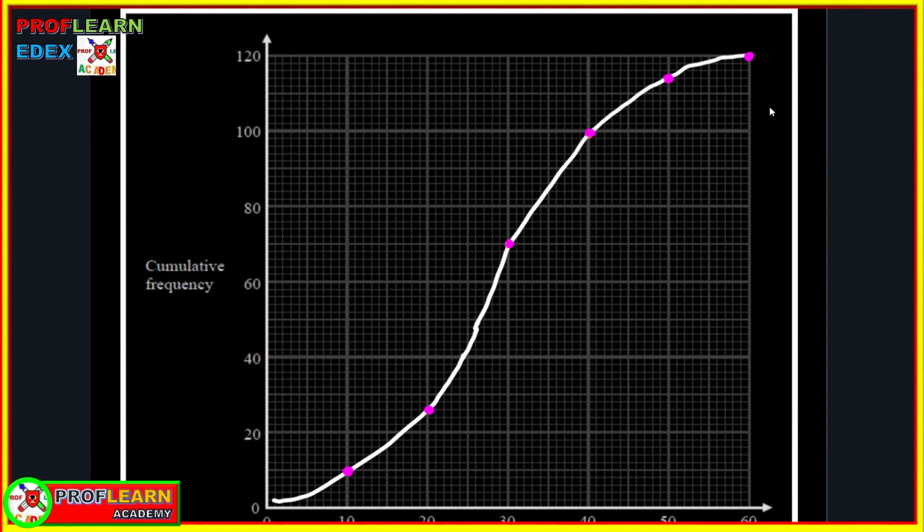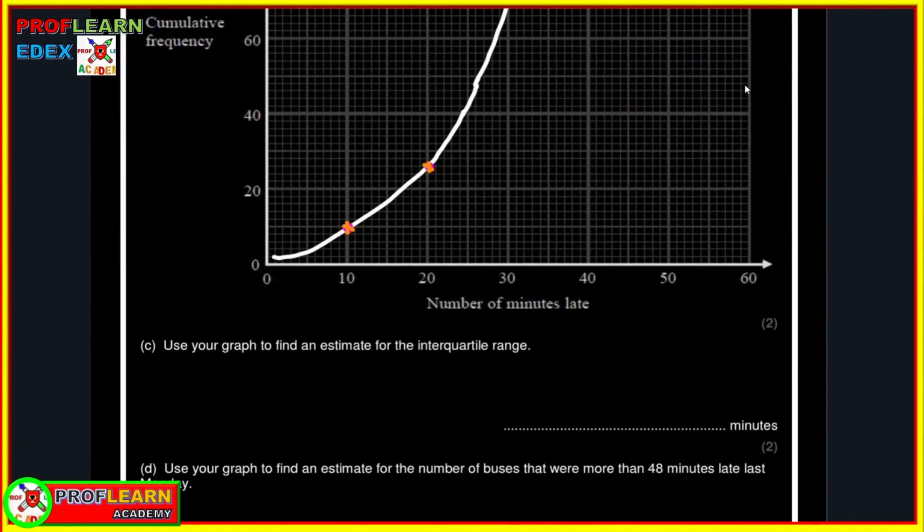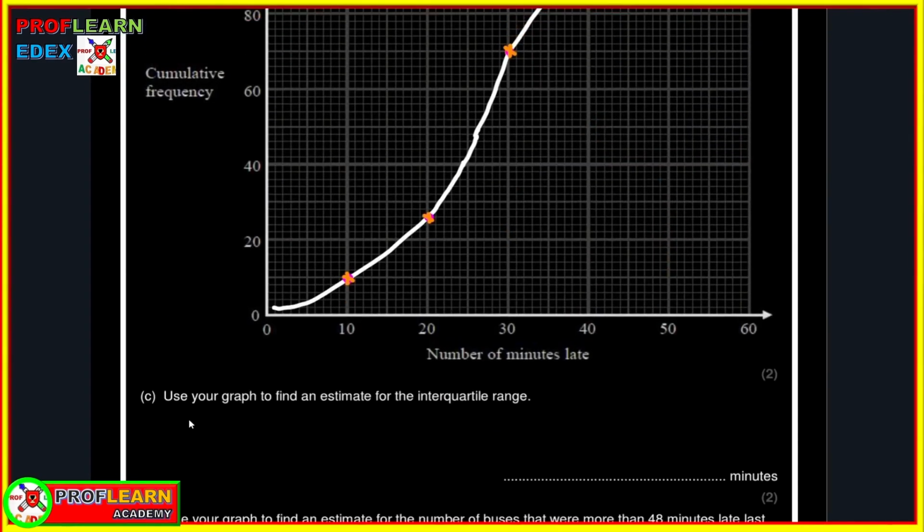Once you have drawn this graph, you will be given questions like finding the median. Here we are told to find the interquartile range.